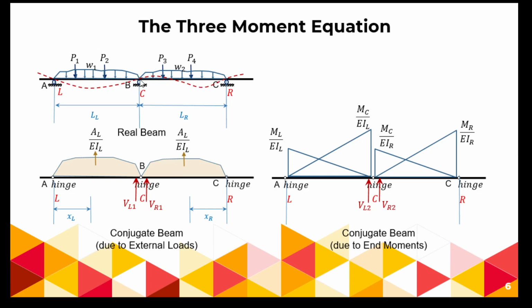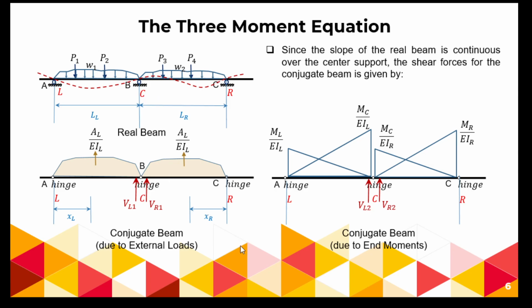And dili naman niya sa support as if there is continuity of the slope. So, since the slope of the beam, real beam, is continuous over the center support, the shear forces for the conjugate beam is given by this equation.